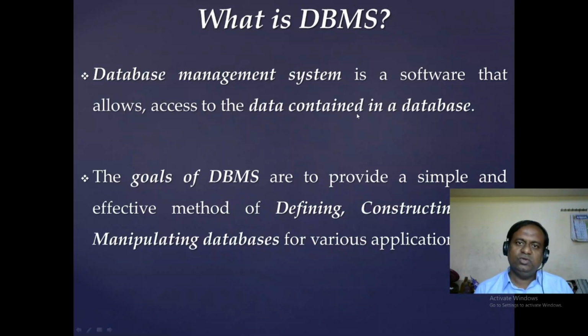To use it, we need a software called operating system. If you want to perform programming in computers, you need a software called programming language. In the same way, if you have a database and you want to maintain the database in a computer, you need a software called database management system.